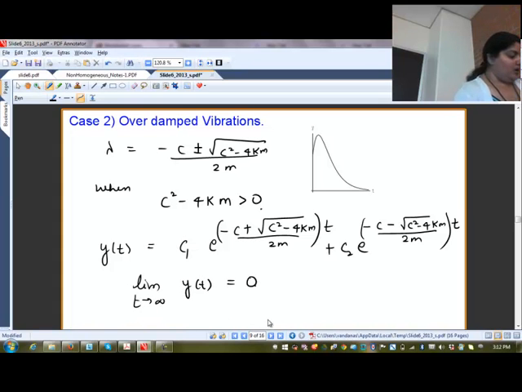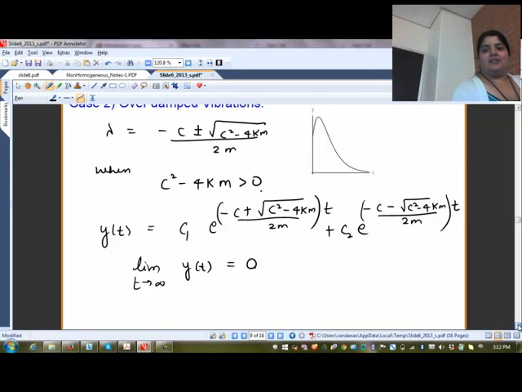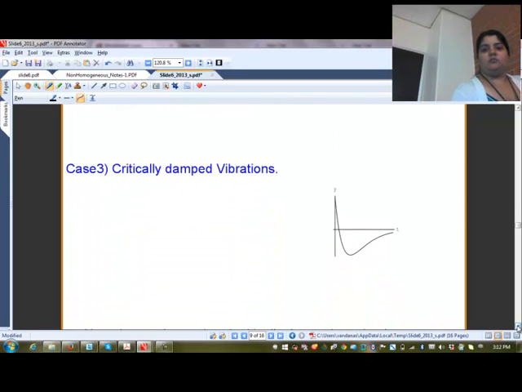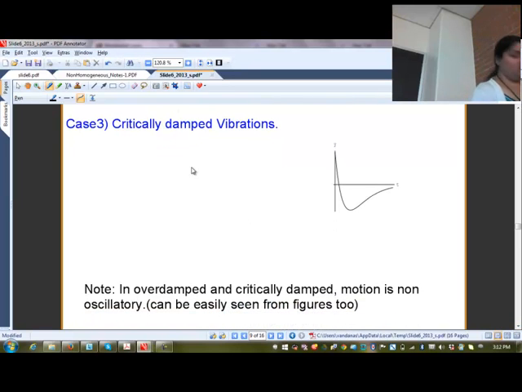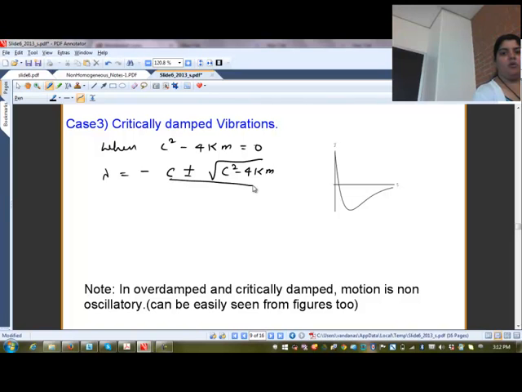When the discriminant is 0, this is the last case, and then we will be done. Just this one: c square minus 4km is 0. This is the critically damped situation. In this situation, your roots will look like minus c plus minus, and this is gone, over 2m.